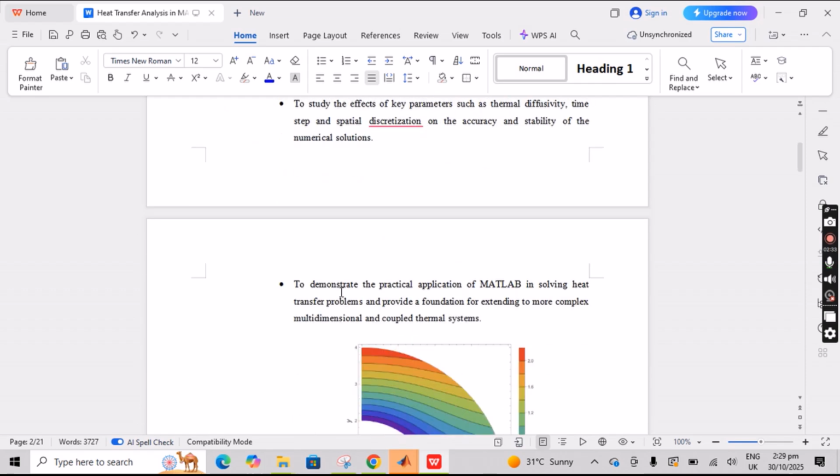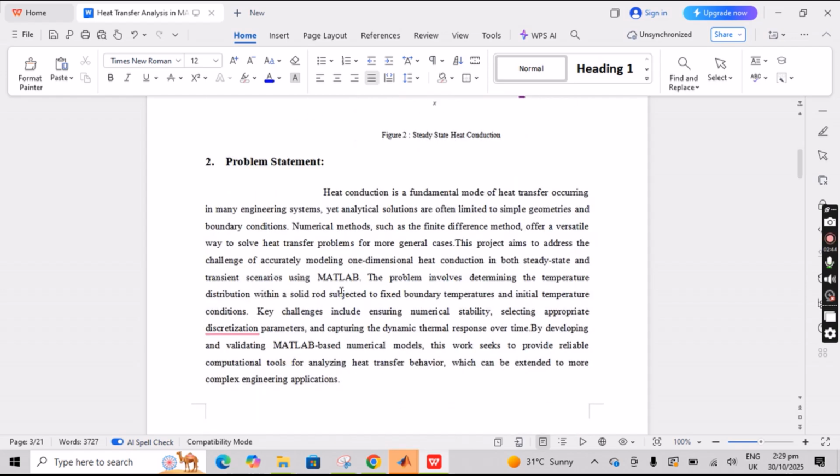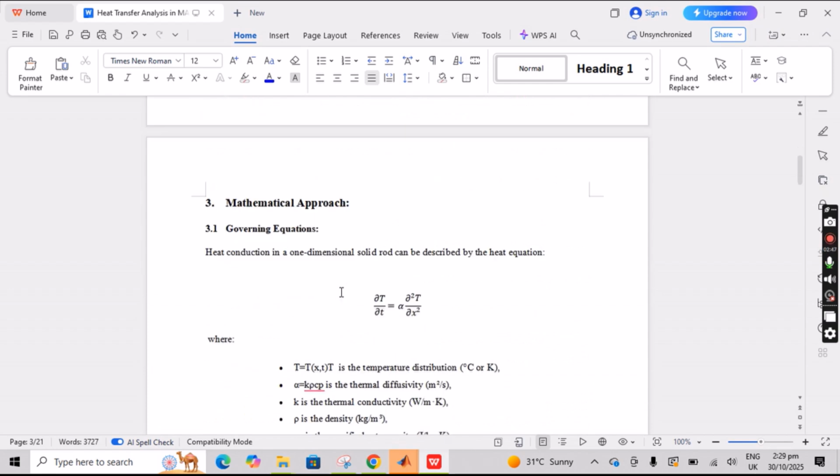So I have written the objectives according to complex heat transfer problems with more multi-dimensional and coupled thermal systems. This is the problem statement I have written.